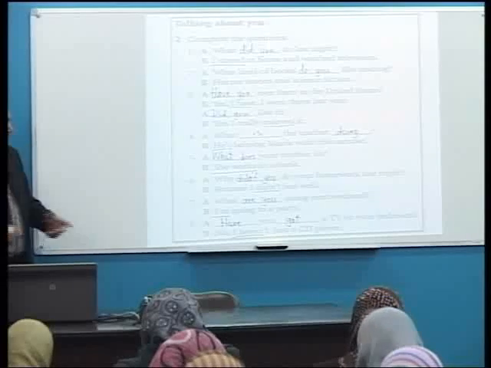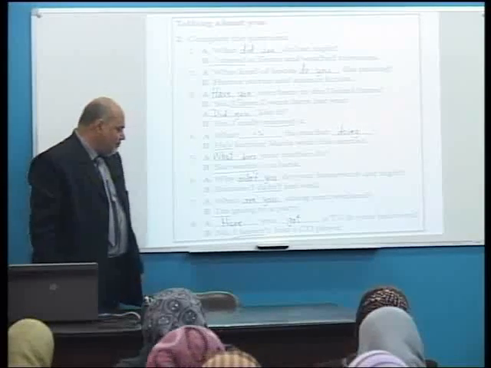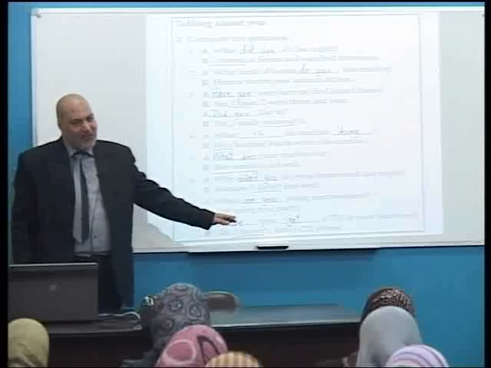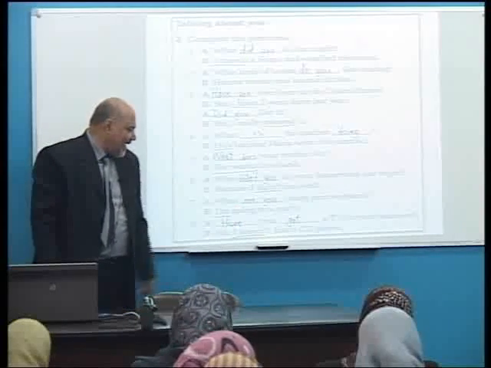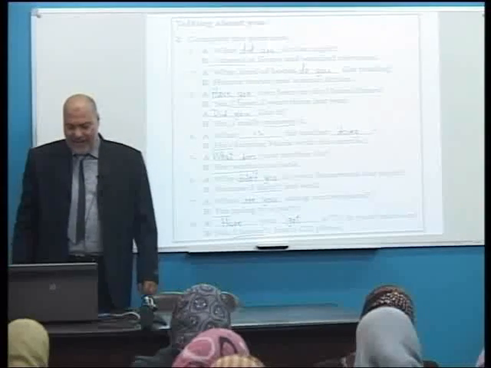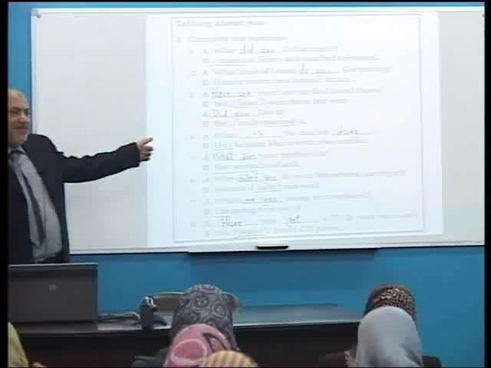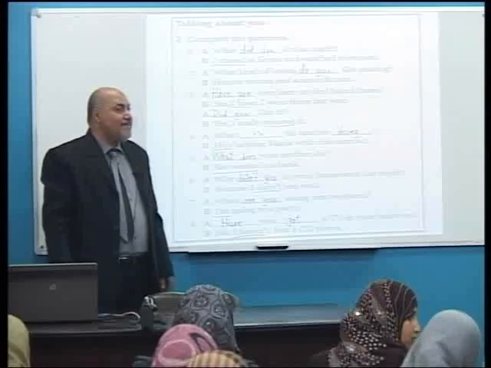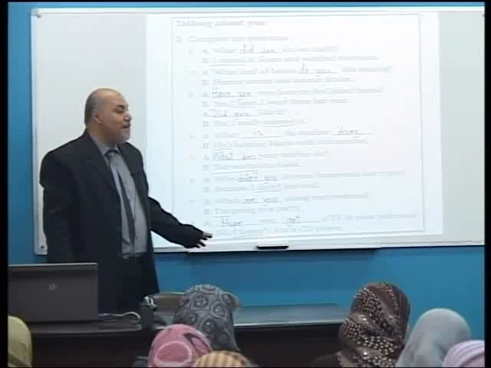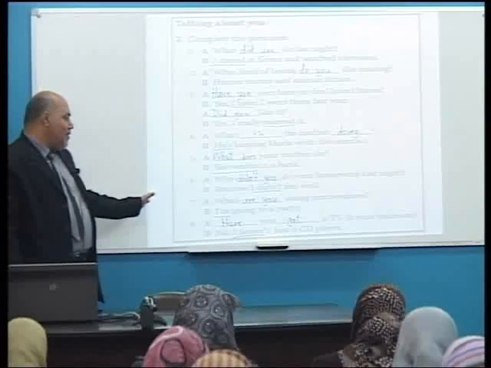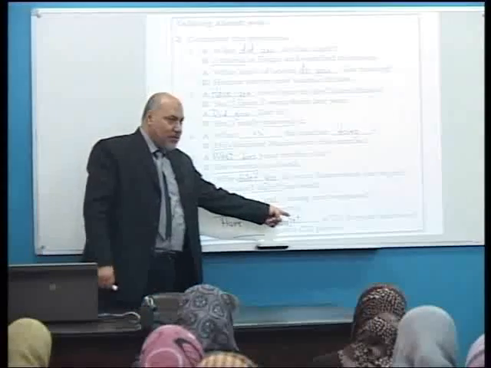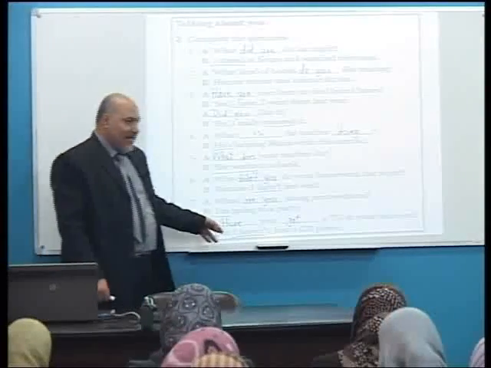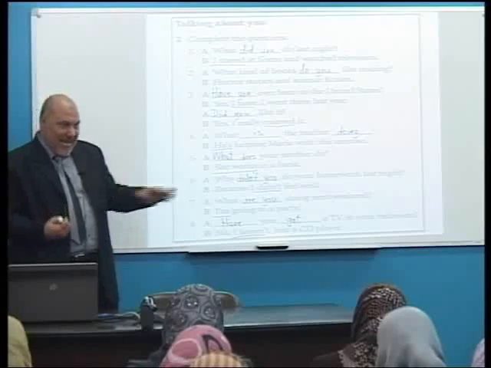Have you got a TV in your bedroom? No, I haven't. I haven't got a TV in my bedroom. I have just a CD player. Have you bought? No, because have got here means I have got something.